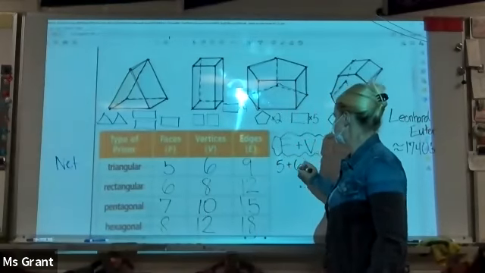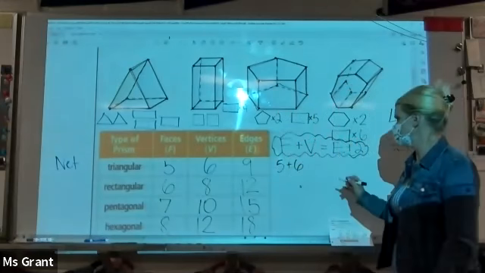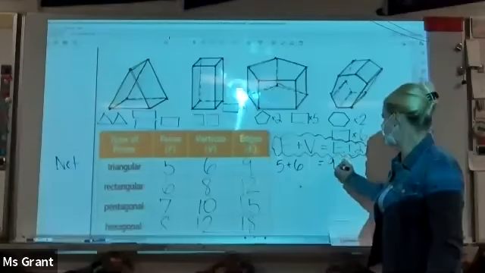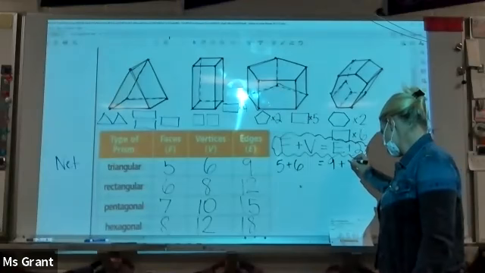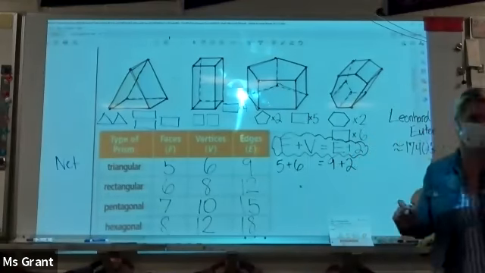5 plus 6, my faces plus my vertices, equals my edges 9 plus 2, right? And it works for every single one.